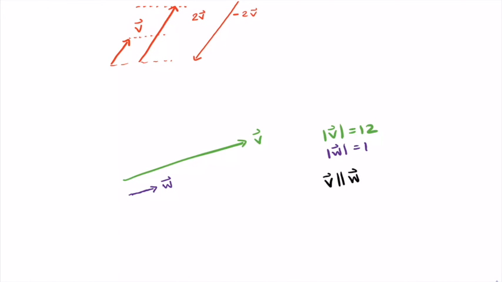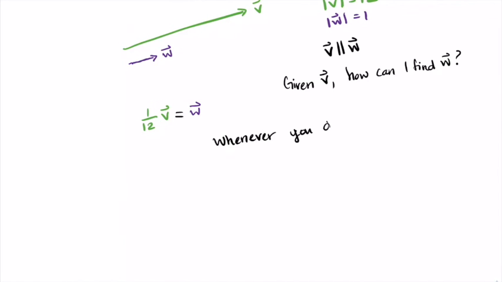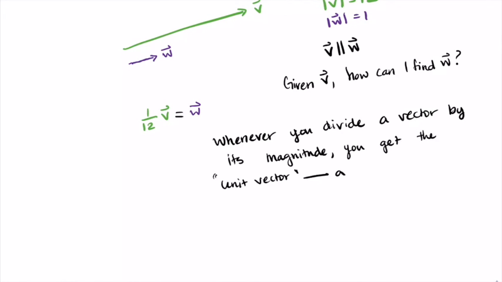Their corresponding angle would be the same. How could I find w? So take a moment and ask yourself, how would I figure this out? If you thought, well, why don't we just take v and divide by 12, you're exactly right. Whenever you divide a vector by its magnitude, you get the unit vector, a vector of length 1 that's parallel to your original vector. So now let's do some examples.